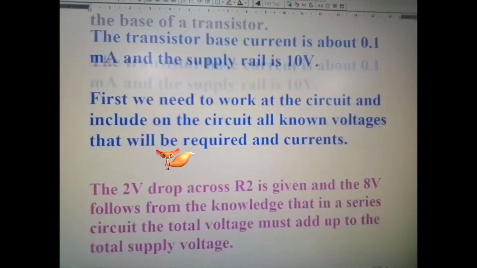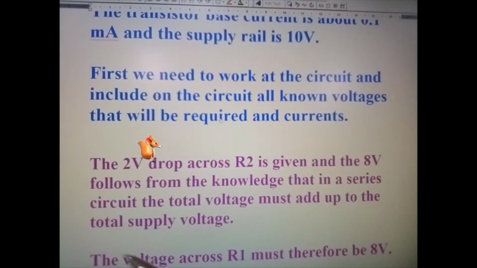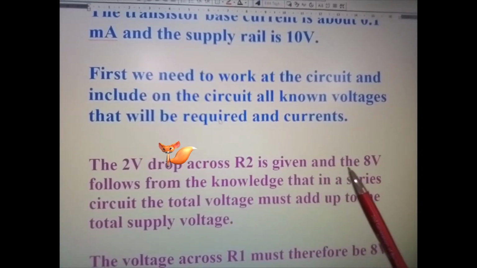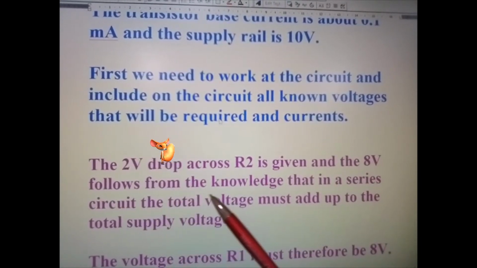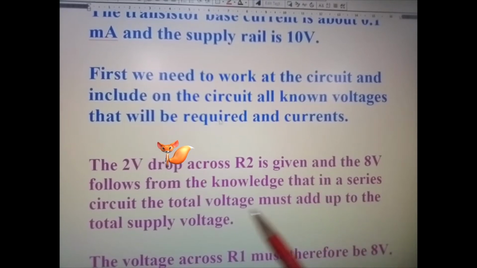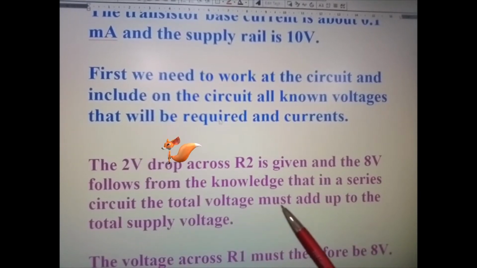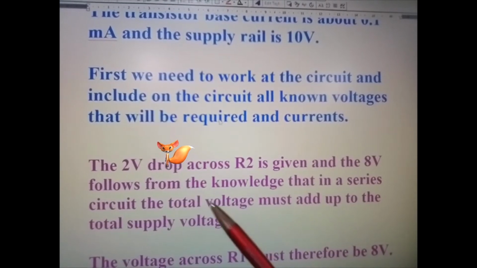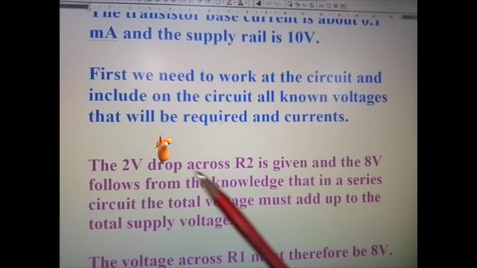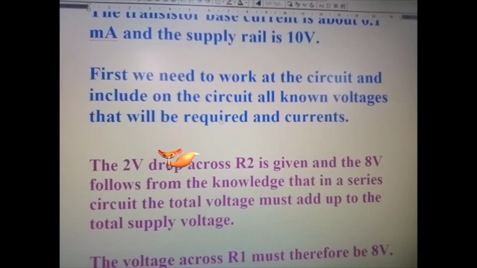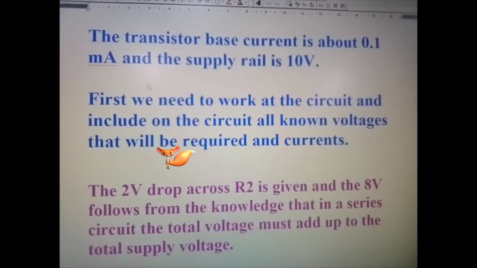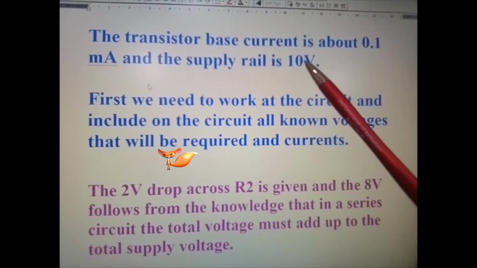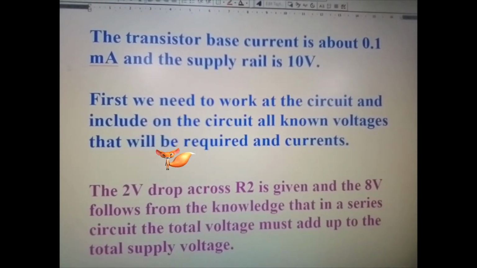So the 2 volt drop across R2 is given, and the 8 volts follows from the knowledge that in a series circuit the total voltage must add up to the total supply voltage. If the voltage drop is 2 volts and we have a supply voltage of 10 volts, we know that 2 from 10 leaves 8.